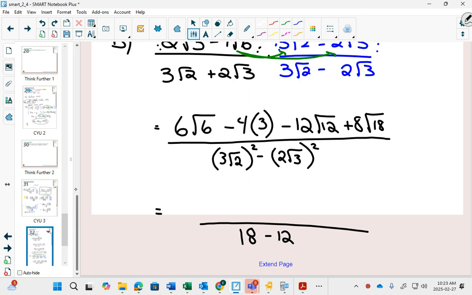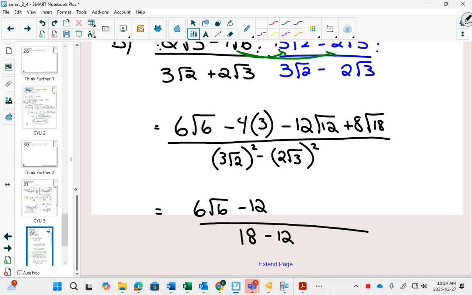Are there any square roots on the top that can be reduced further? Can't reduce root 6. 4 times 3 I can put together, that's minus 12. Can I reduce the root 12? You can reduce root 18.